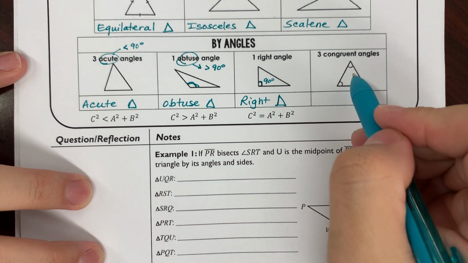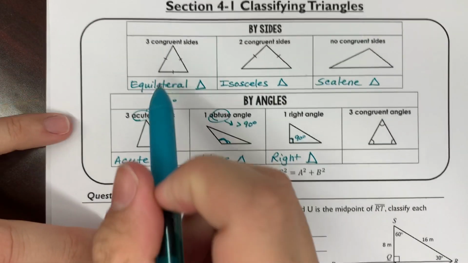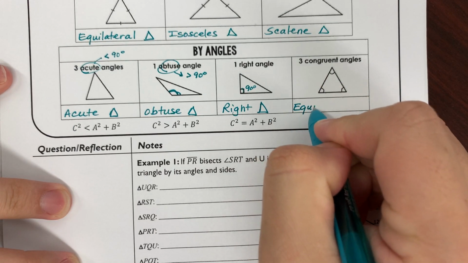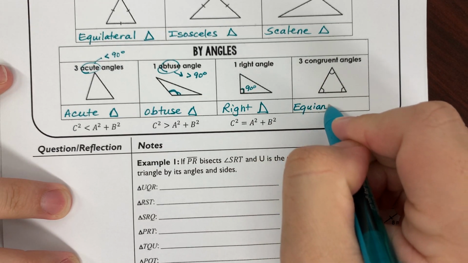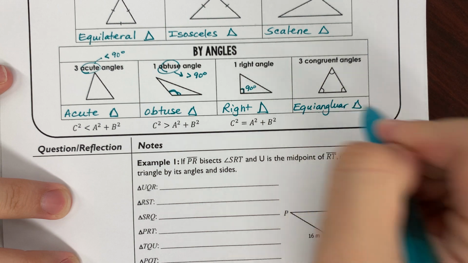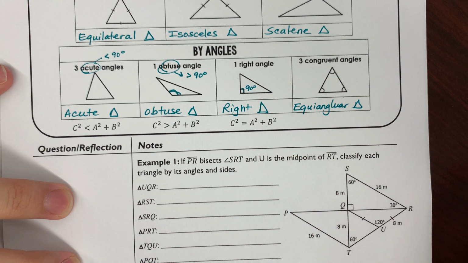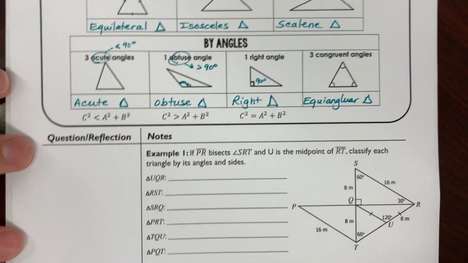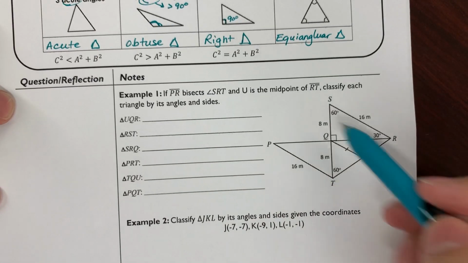And then over here, if we have three angles that are the same, very similar to an equilateral triangle, we call this an equiangular triangle. Pretty hard to say, but that's what it is. So this is one style of problem that you'll see.